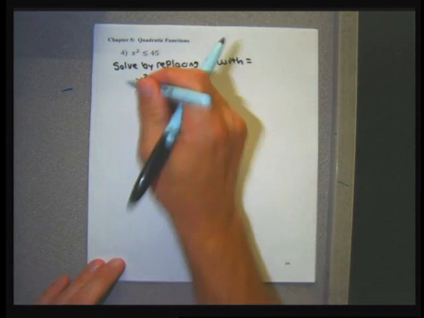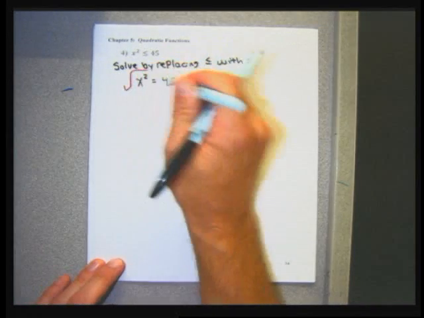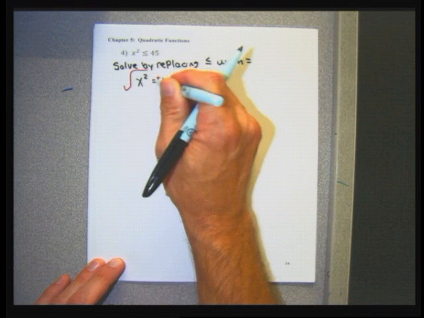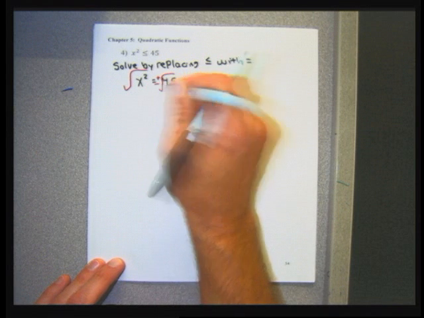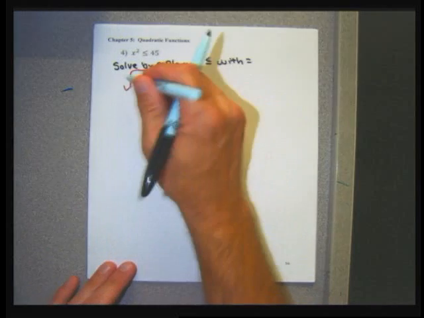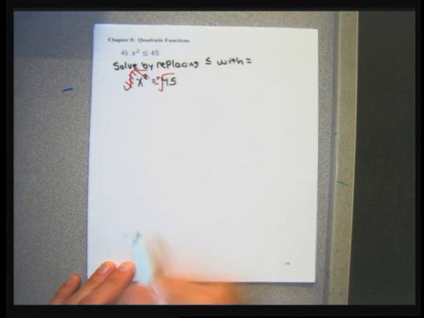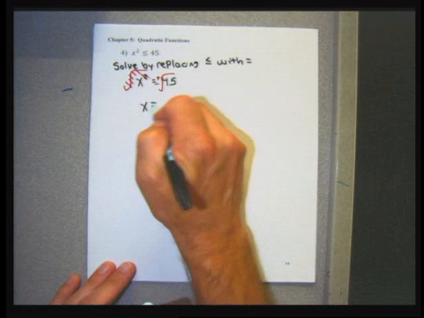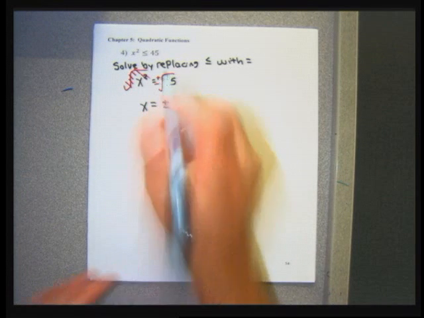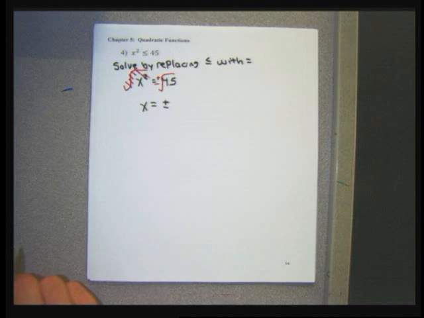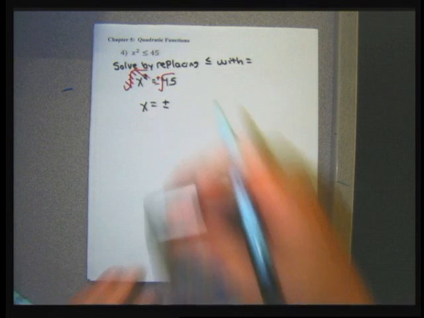So I'm going to go square root of x squared equals plus or minus the square root of 45. On the left side, square rooting x squared gives me an x. On the right side, I'm going to reduce square root of 45 with my calculator. I'm going to get a decimal approximation and a square root answer. I'm going to need both.